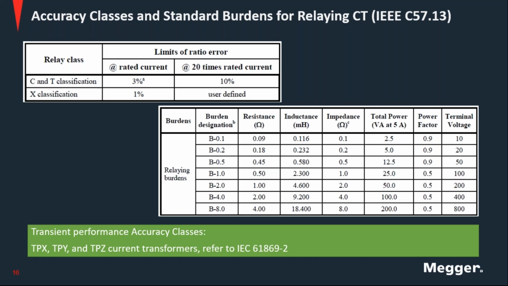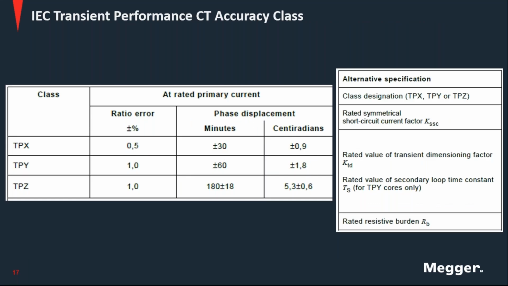And not to go into many details, but these are the tables for these CTs from the IEC standard for transient performance. So there are 3 classes, and they have a kind of high accuracy, 0.5 or 1% compared to regular protection CTs.